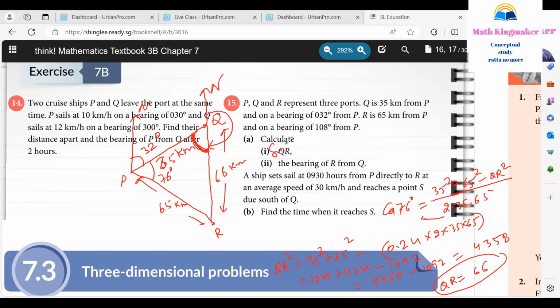So sine Q over 65 would be equal to sine 76 over 66. As you see, they are closer, so that means Q will be something around 76.